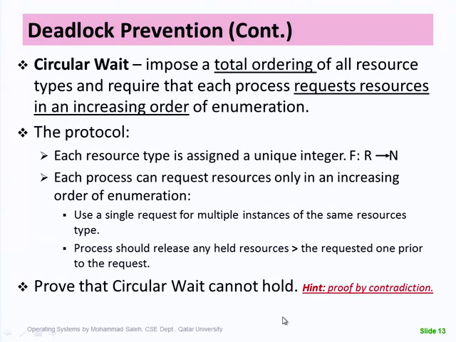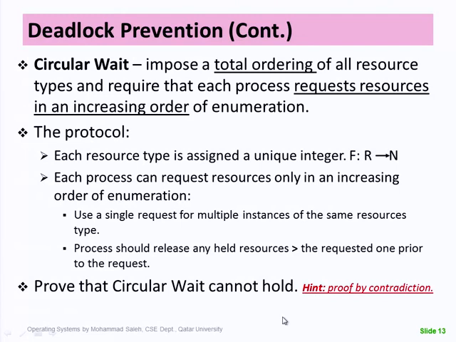A process will request resources in an increasing order of their number, their ID, okay? Which means, if a process is currently holding a resource of, say, ID 3, then no problem for it to request a resource of ID 9, or ID 10, or 4, right?